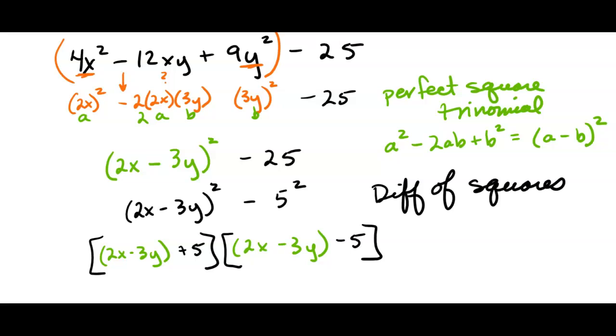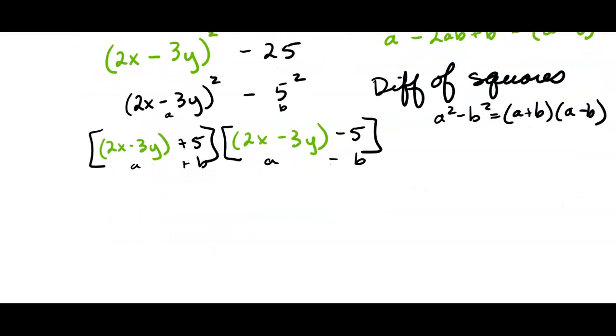Okay? Now I just put the colors in so you can kind of see what's going on. So this is like the A and this is like the B. So when you have the difference of squares, it factors into A plus B and A minus B. And so, there's my A plus the B, and here's my A minus the B.